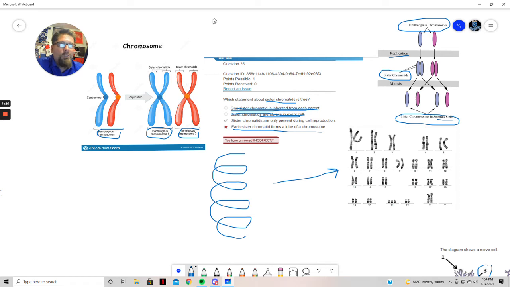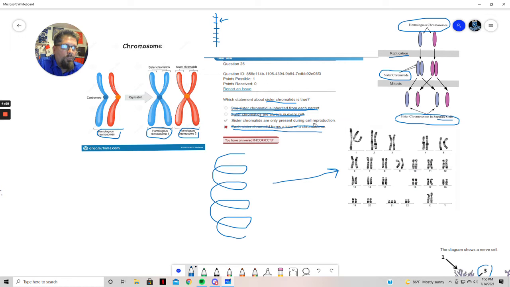You might have also been thinking about, if I draw a straight line to represent a chromosome, there are going to be sections on there, in reference to the hair I mentioned earlier. Each one of these sections is a gene, and the gene codes for a different trait, maybe color, texture, that kind of stuff. You might have been thinking of that, but either way, no lobes formed on our chromosome.